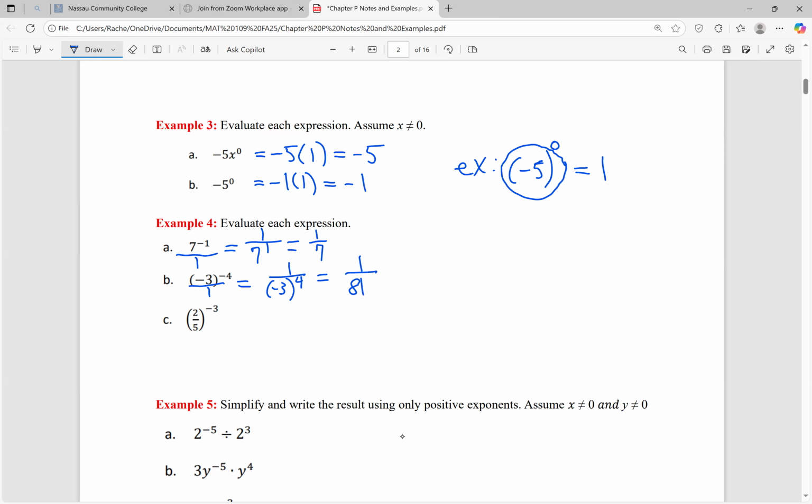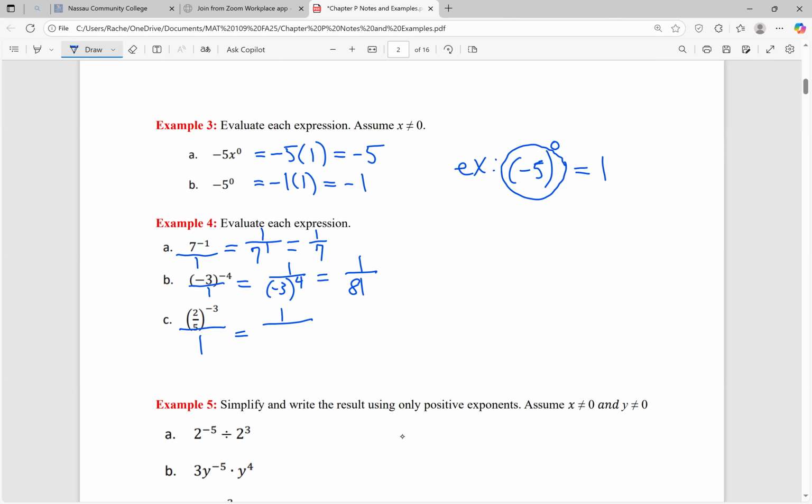And then in part C, we want to evaluate 2/5 raised to the -3 power. Again, you could think of this as 2/5 to the -3 over 1. Let's take the reciprocal.